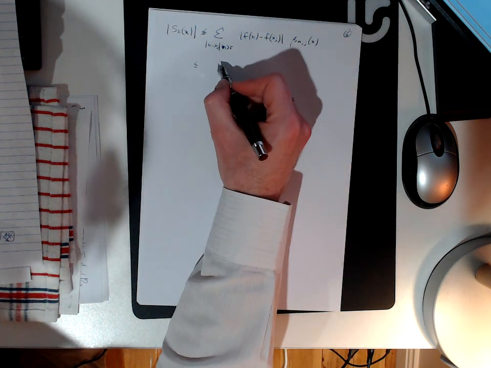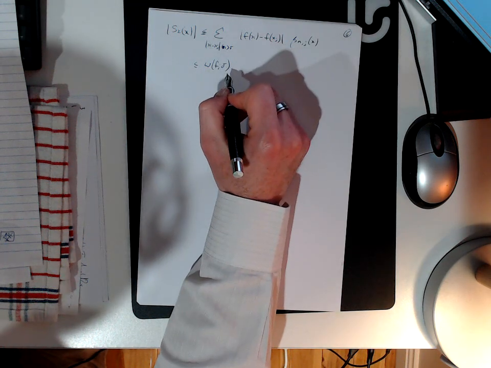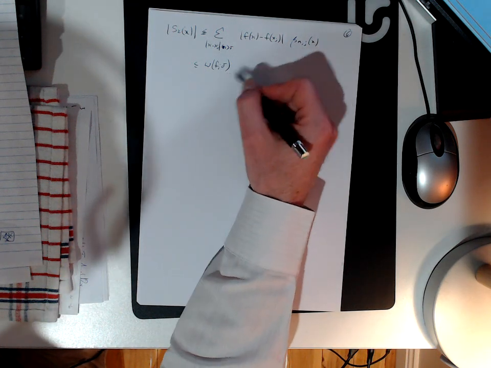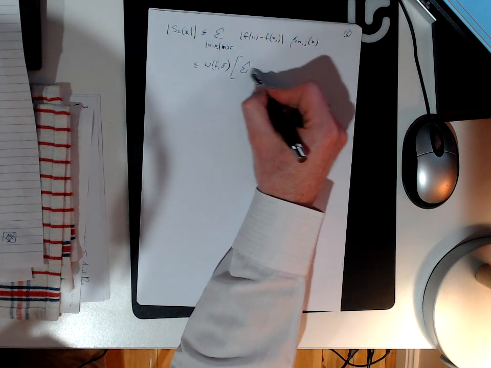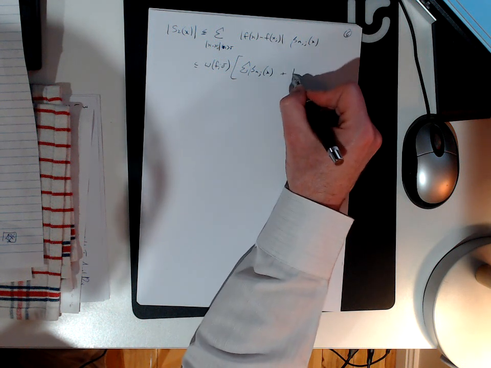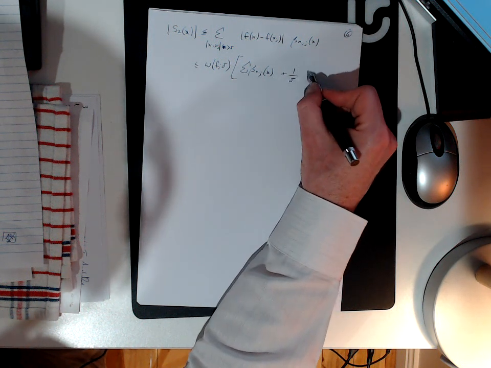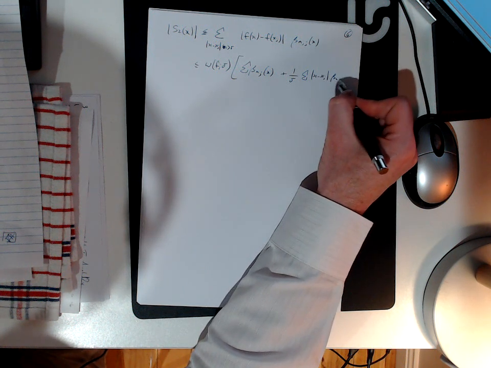From what we've just shown, this is the modulus of continuity of f for the distance delta, times the sum of beta nj(x) plus 1 over delta times the sum of absolute value of x minus xj times beta nj.